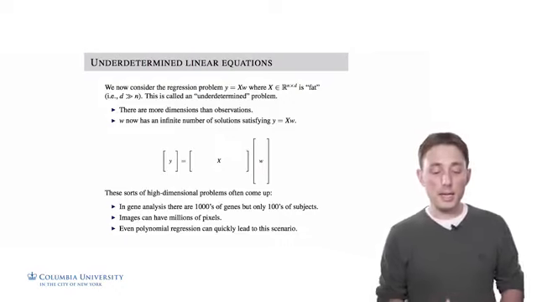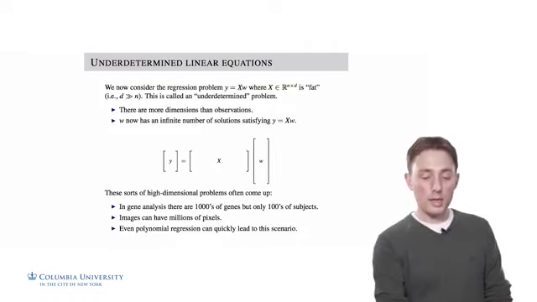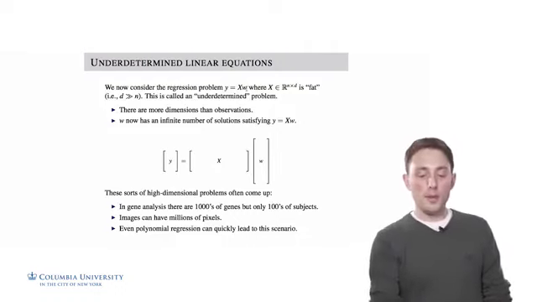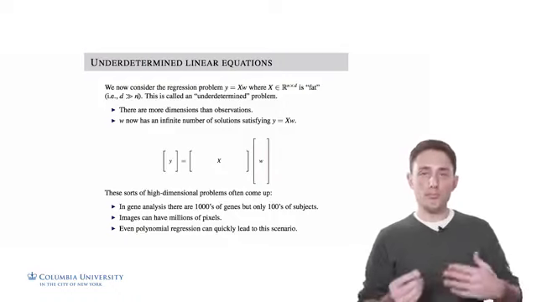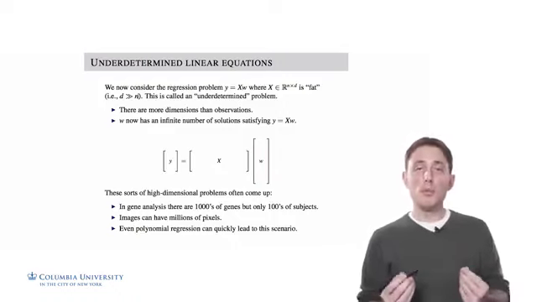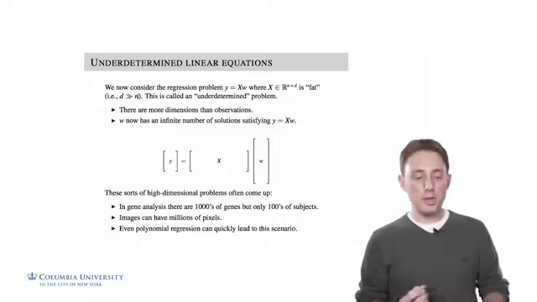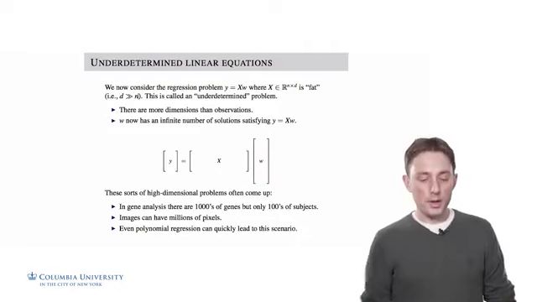So in this case, again, we have the regression problem y is equal to or approximately equal to x times w. But the matrix x is fat, so it's n by d, and d is now potentially much greater than n. So we have many more dimensions than we have observations. And so this is called an underdetermined problem.